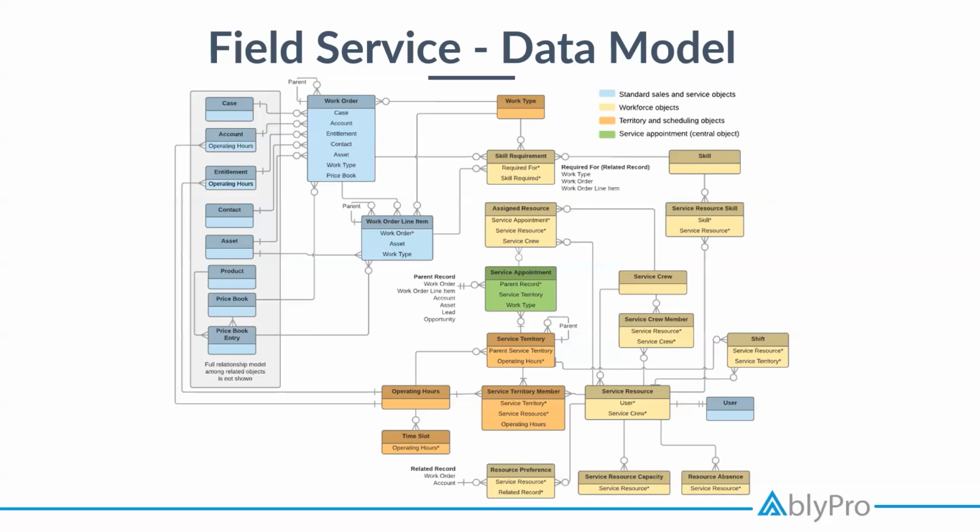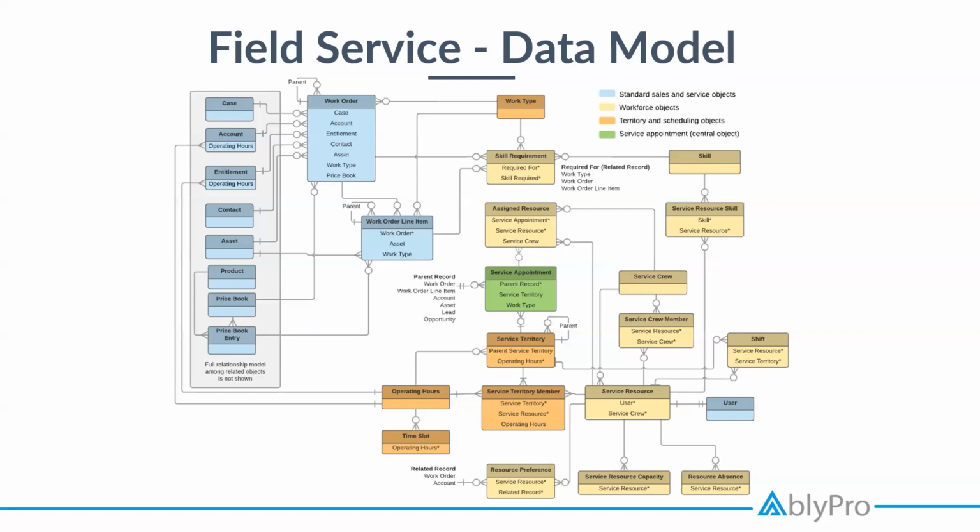Also, an important part in the model is skills and required skills. So, for a particular service appointment, if certain skills are required, those skills are directly connected to your service resource, to your field technician, and also they're graded from 1 to 99.